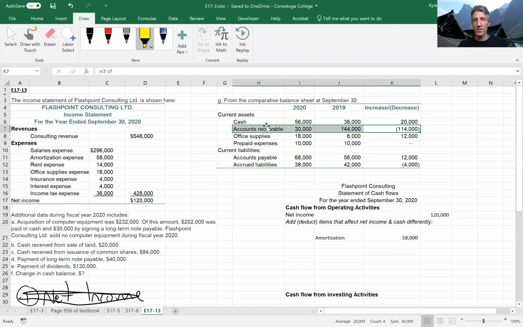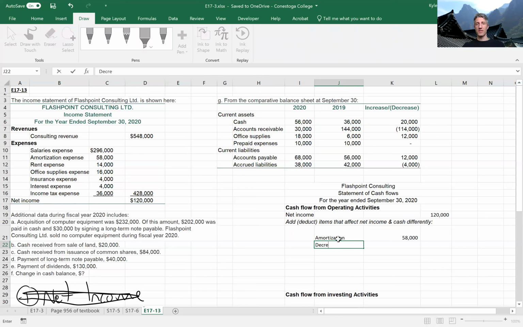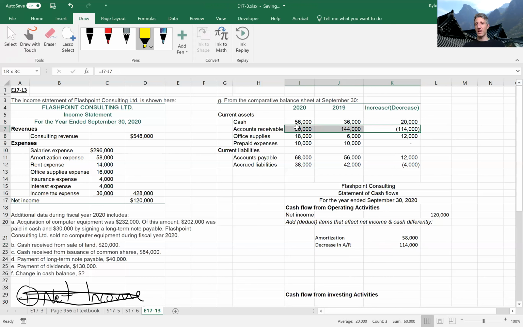So I'm going to start here with accounts receivable. Accounts receivable was 30,000. It was 144,000. So that's a decrease in accounts receivable. So I'm going to say decrease in AR, 114. So many of you are probably wondering, okay, well, a decrease in accounts receivable, it's negative.